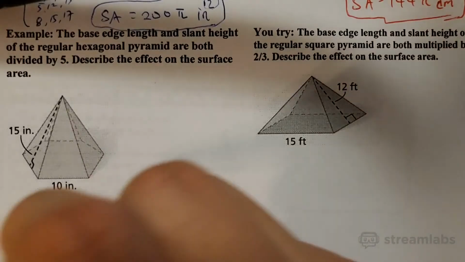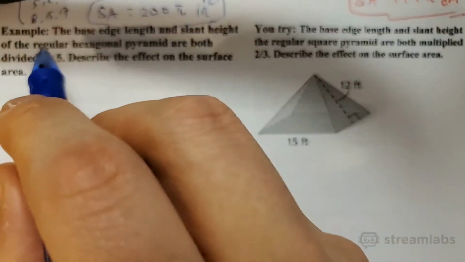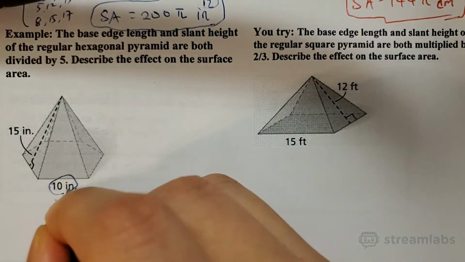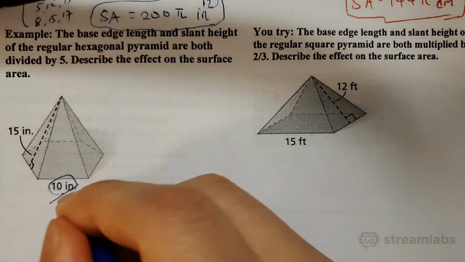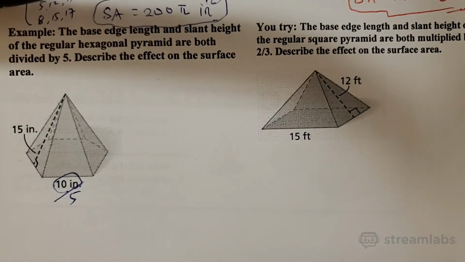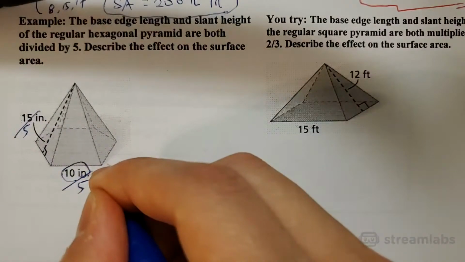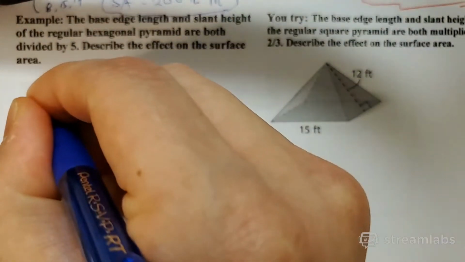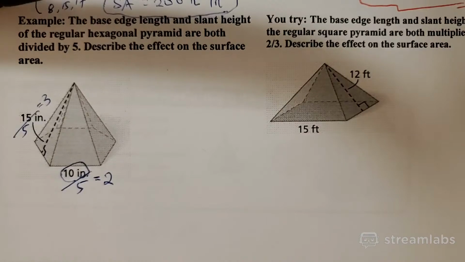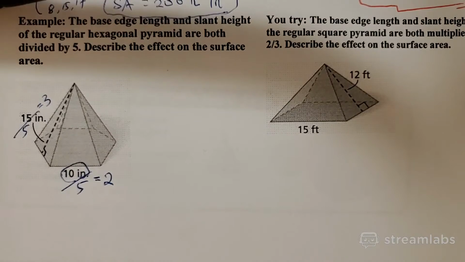What if I divide both the edge length, which is 10, by 5, and also slant height divided by 5, then obviously dimension will change. This will be 2, this will be 3. What kind of effect does that have on my surface area? Meaning, obviously it's going to be smaller, by how much does the area shrink?